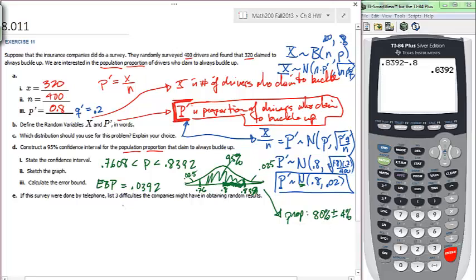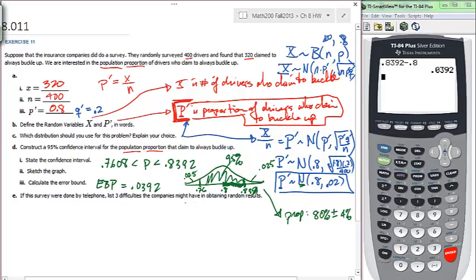So that's what the error bound is good for. It's good for stating things where we have the point estimate, the suggested proportion, plus or minus your error bound.